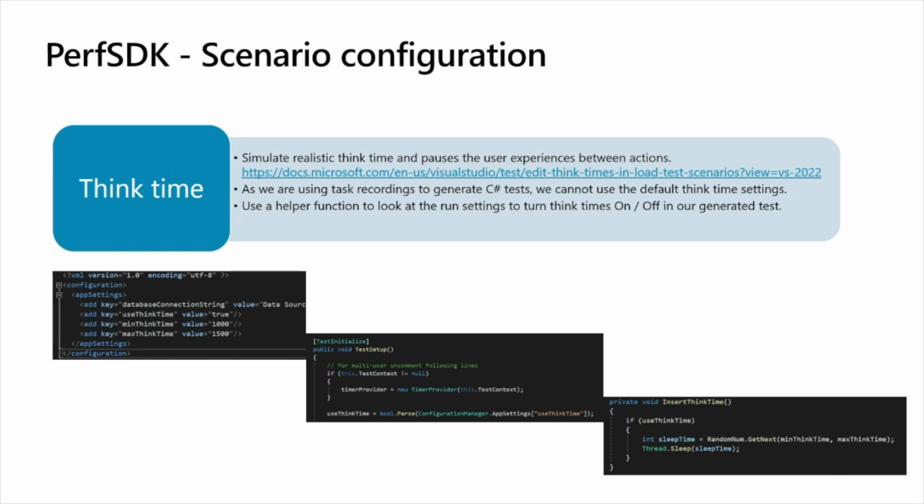What we have done is create a simple helper function that looks at the run settings and determines whether think times need to be included. We use a simple function to randomly generate think times between the minimum and maximum value we specify in the app settings.